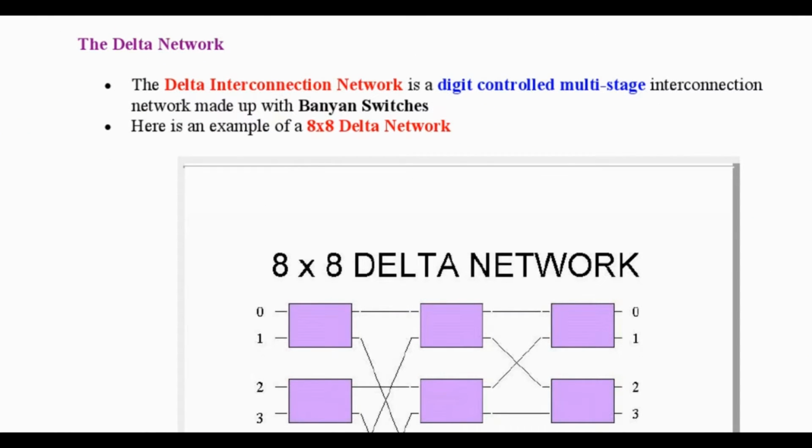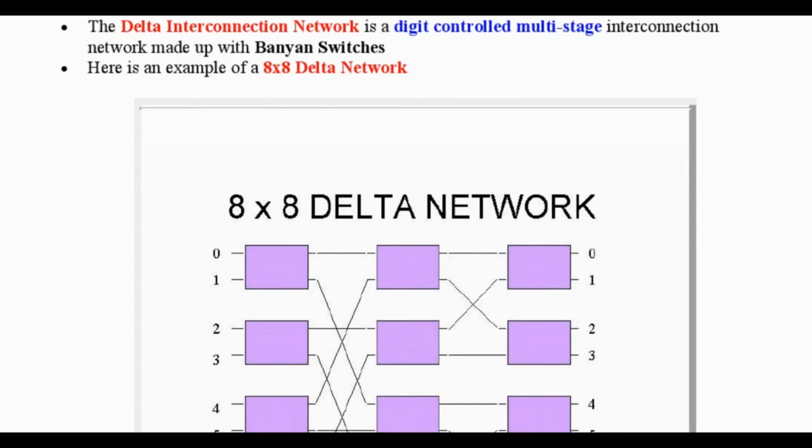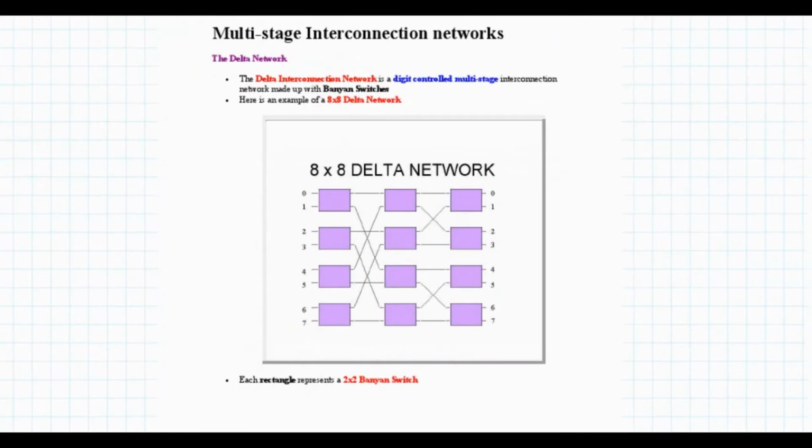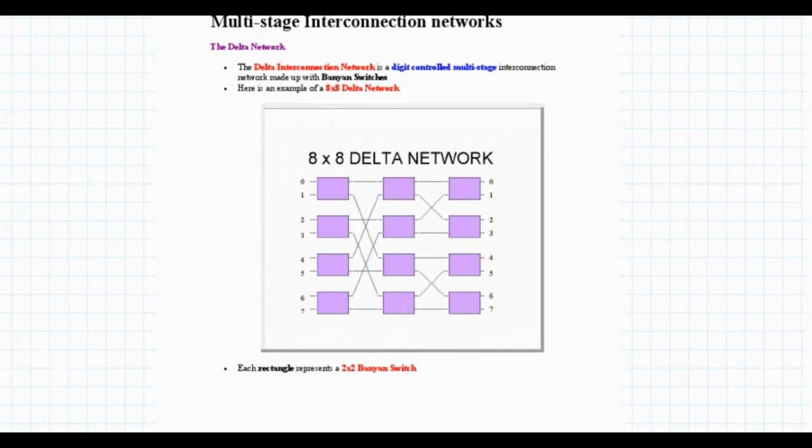I should zoom it out so that the entire thing is visible onto the screen. Yes. Now this is an 8 by 8 delta network. So why 8 by 8? Because 8 processors are connected to 8 processors.